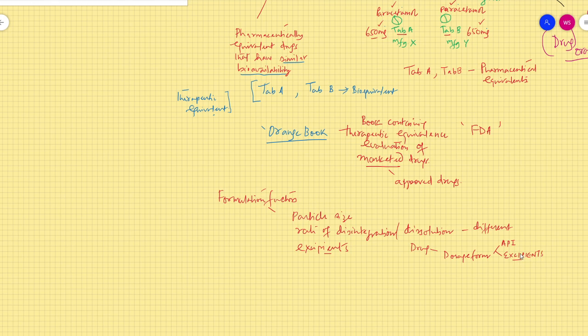Excipients lack the pharmacological action, but they are required to make the dosage form. There are different excipients like diluents, binding agents, disintegrants, etc.